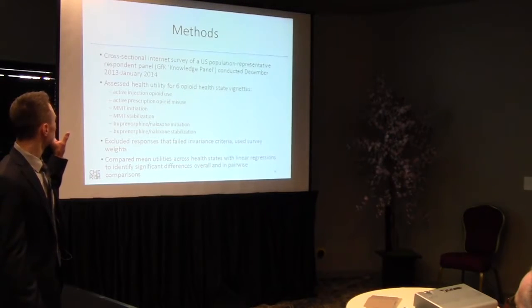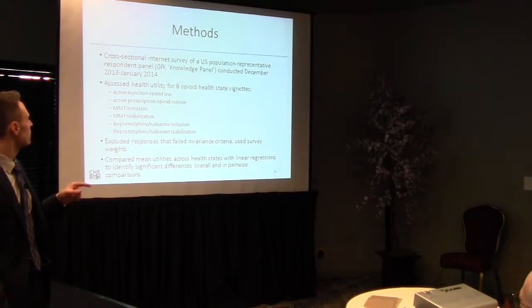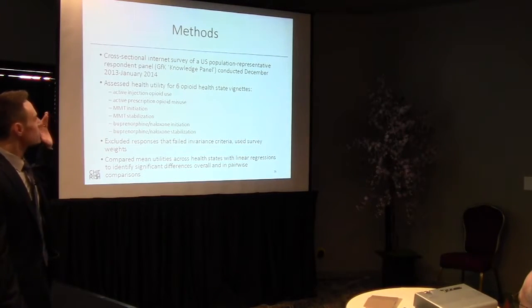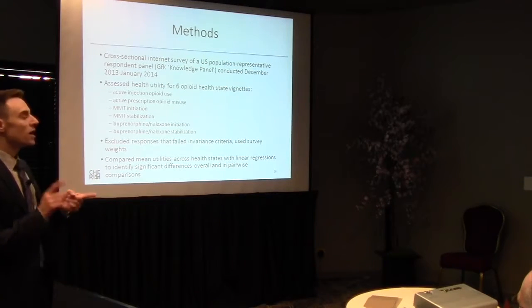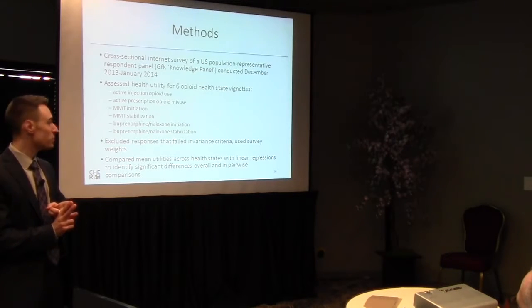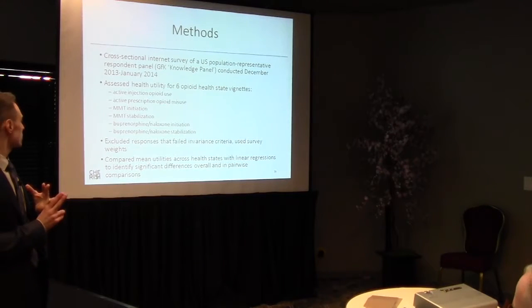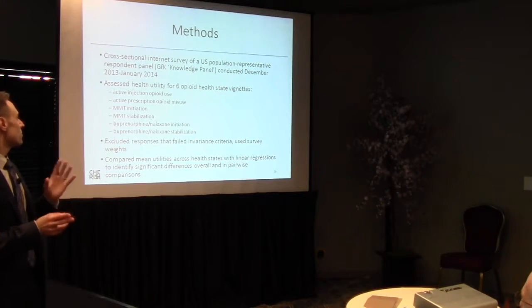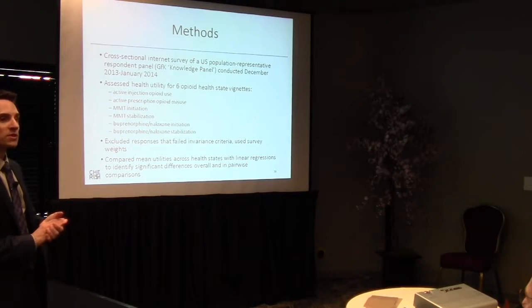I thought it was up there. But anyways, a U.S. population representative respondent panel. Like I said, they assessed health utility for 6 opioid health state vignettes: active injection opioid use, active prescription opioid misuse, methadone initiation, methadone therapy stabilization, buprenorphine Suboxone initiation, and the same thing, stabilization.